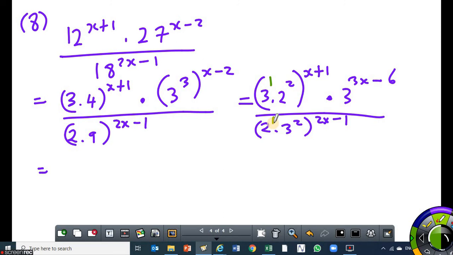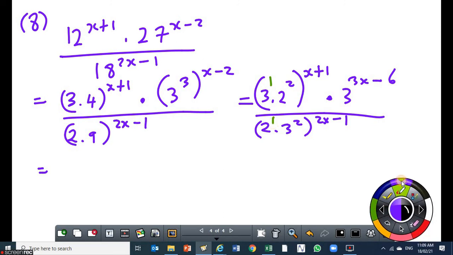Okay? So from there, once I've done that, I'm going to simplify now. So this 1 here is multiplied by x plus 1. So I'll get 3 to the power of x plus 1 times 2 squared. So the 2 times x plus 1 is 2x plus 2.